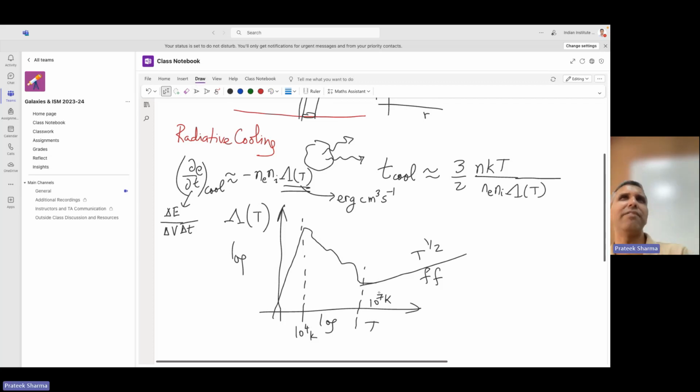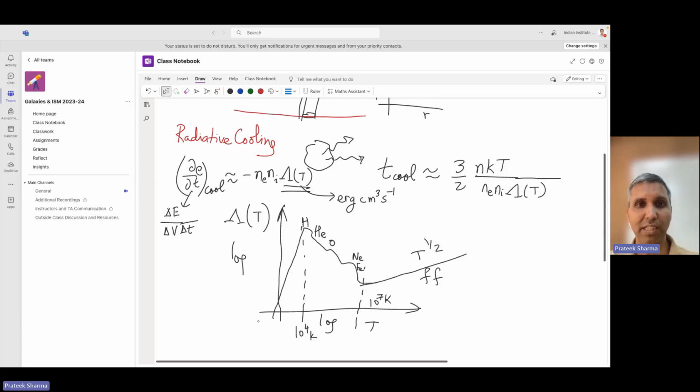At about 10 to the 7 Kelvin, the plasma is more or less fully ionized, so you're dominated by free-free radiation. At intermediate temperatures, ions like oxygen, neon, iron, helium and hydrogen get excited and can take away a lot of energy.